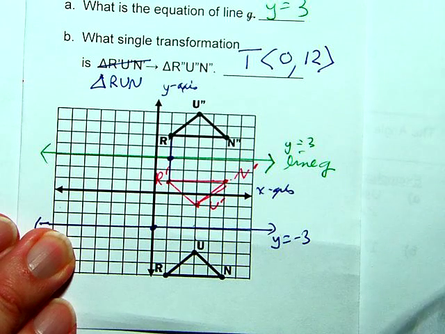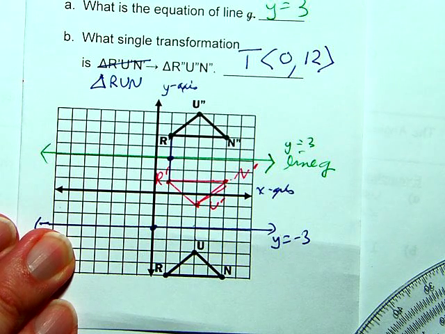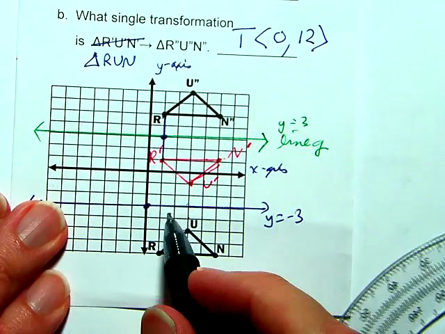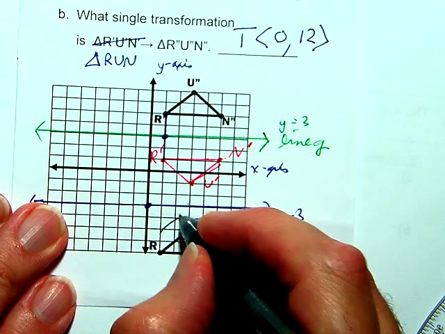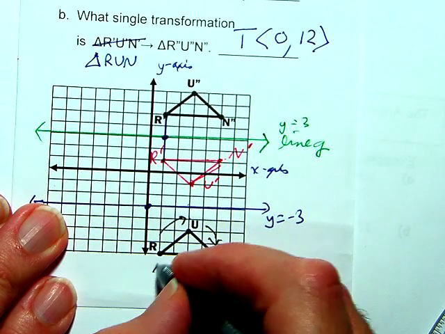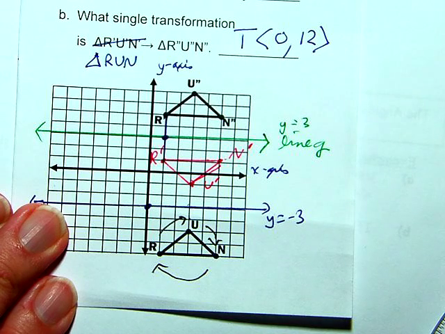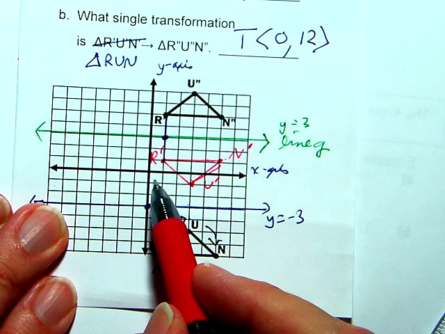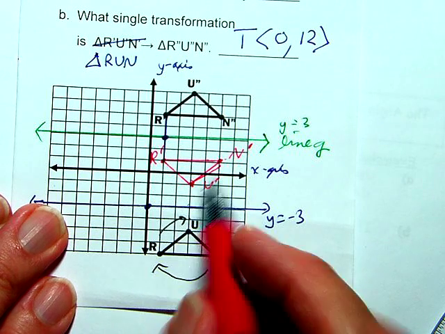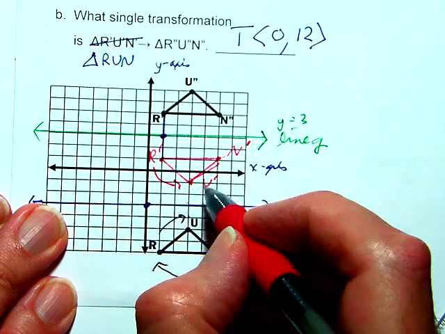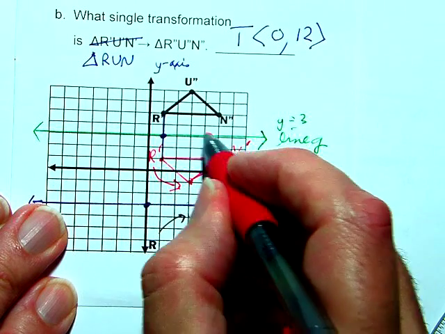Note one other very interesting thing. The orientation of our original triangle, RUN, is clockwise. Okay, if we read it as RUN, we're going clockwise. As we've seen in the past, when we do a reflection, we reverse the orientation, so the orientation of this triangle is now RUN counterclockwise.